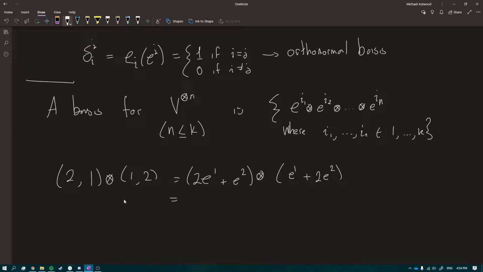It has the same properties as multiplication. So you can do e2 tensor e1, plus e1 tensor e1, and so on.